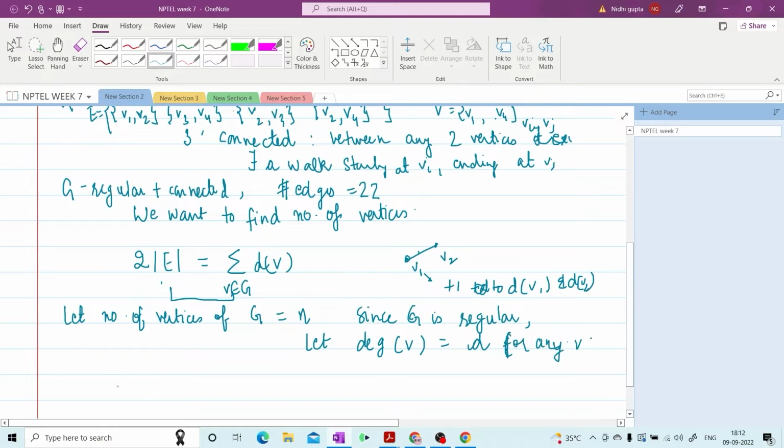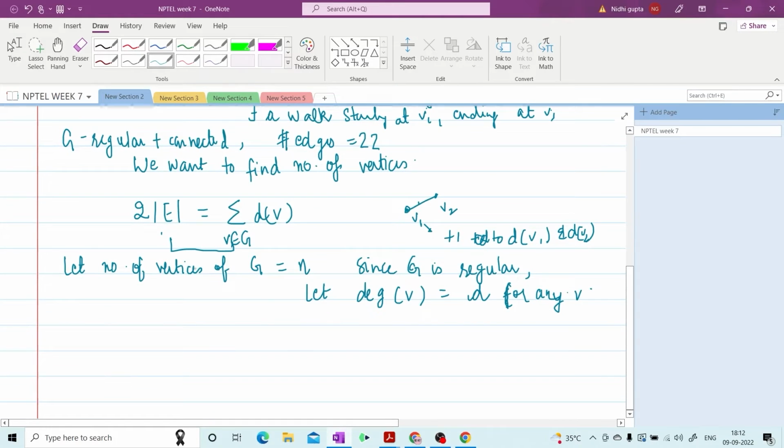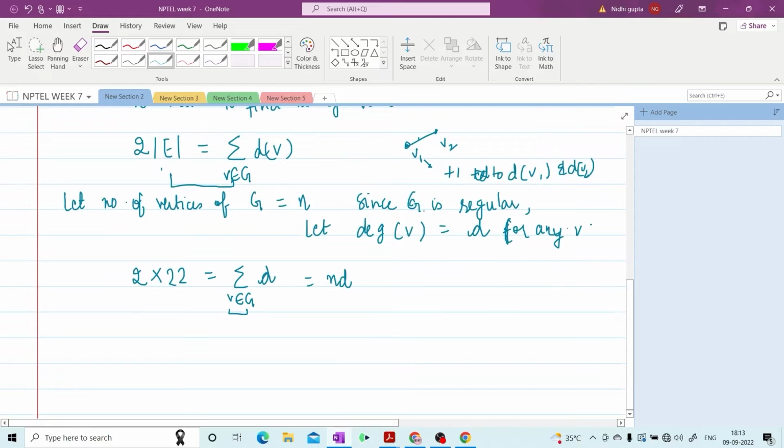If we plug these values into the formula, we get 2 times 22 equals the sum over v in G of d, and since the number of vertices is n, this is nd. So nd is equal to 44.